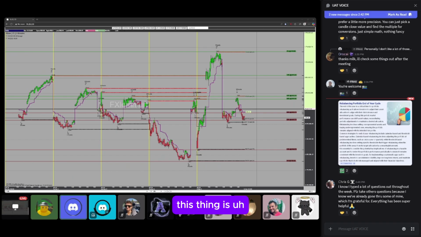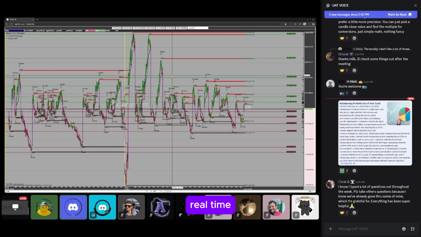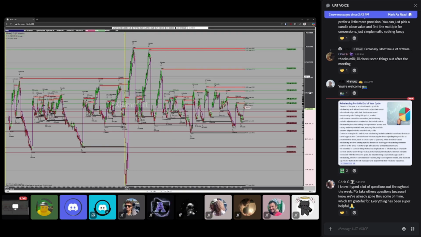Now, this thing is very complicated, so we've got an issue with it we're working on. When we're in a very small time frame, like a wave 10 1 minute, when it starts streaming real time, the word open is repetitively stacked up.